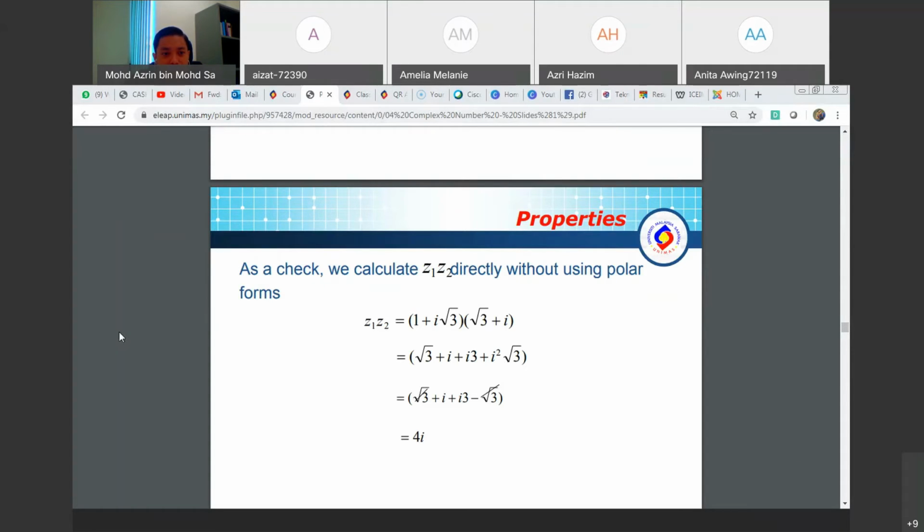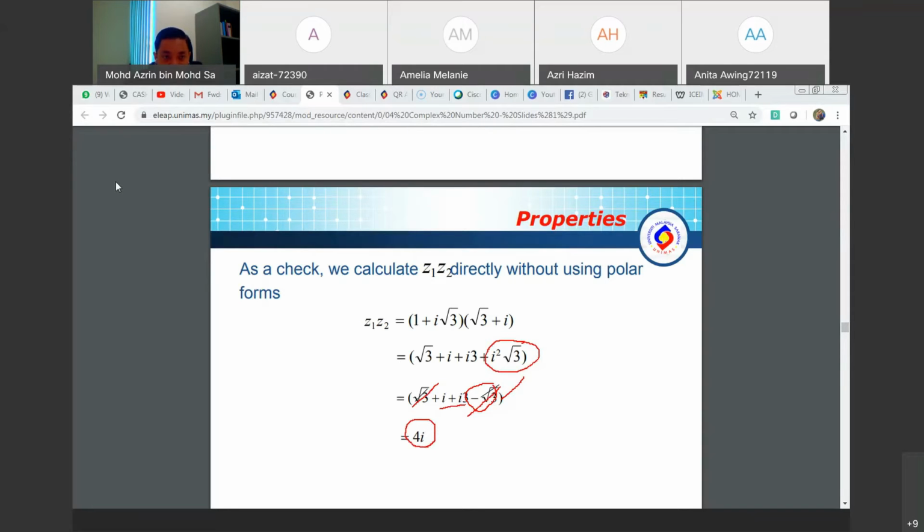So I squared here is equal to negative 1. So that's why you get negative 3 here. Then you can cancel out the 3 here with the negative 3 here. Then the balance you get is I plus 3I. So I plus 3I, you get 4I.